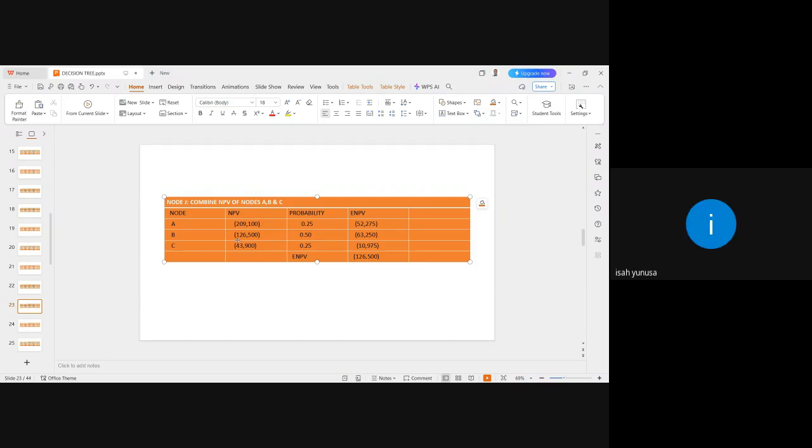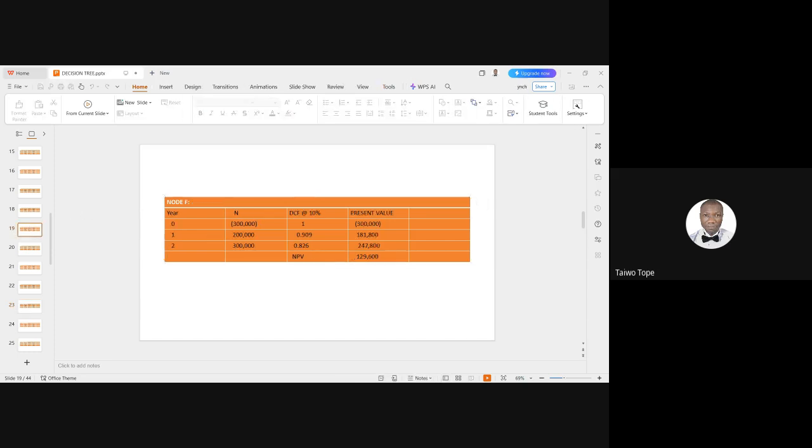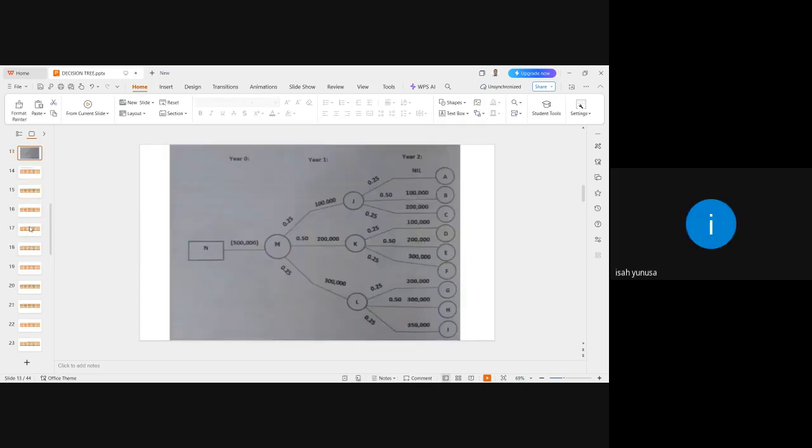Now, the next, from your decision tree, go back to your decision tree. When you go back to your decision tree, what is the next combination?